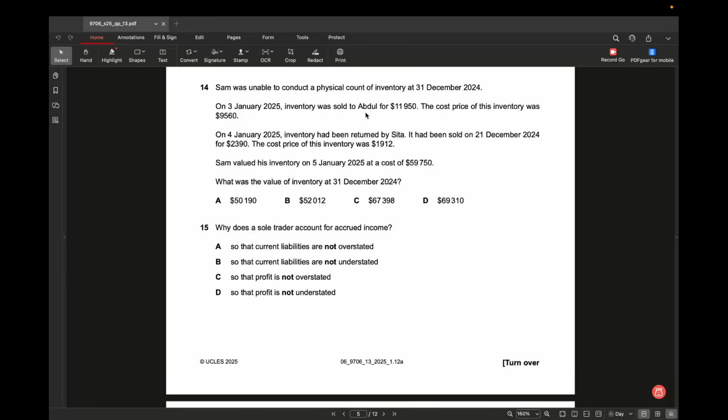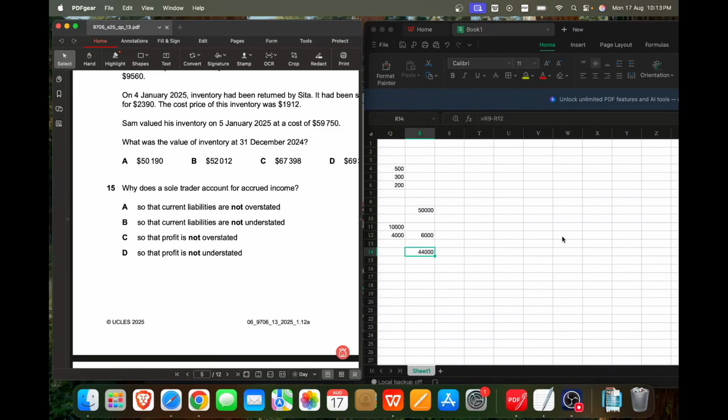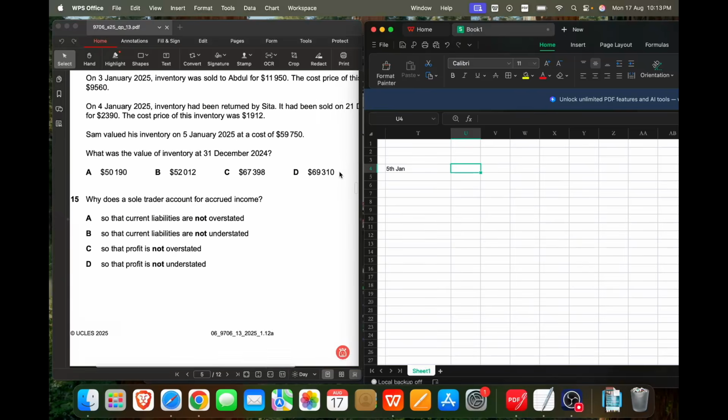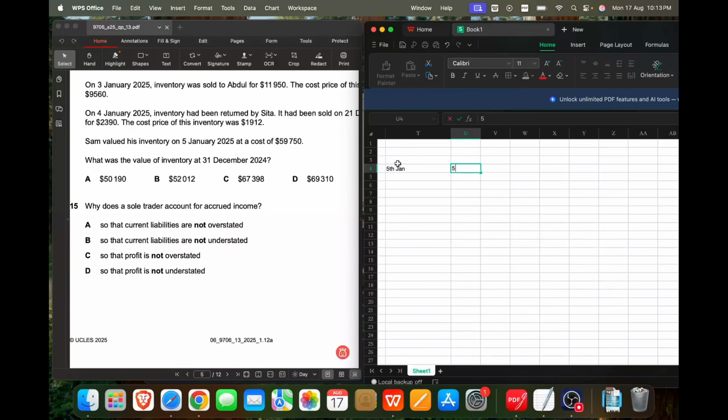So if we reverse these two entries, then we'll get the value of closing inventory on 31st December. So right now the value that we have of the inventory on 5th Jan is 59,750.